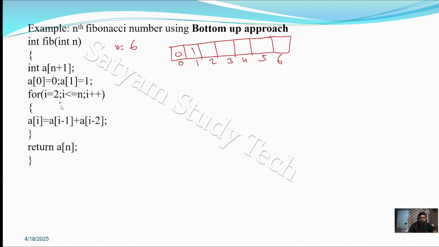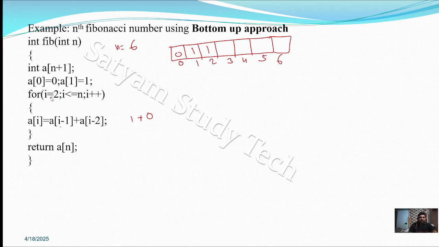Now i equal to 2, so a of 2 equal to a of 2 minus 1, that is a of 1, which is 1, plus a of 2 minus 2, that is a of 0, which is 0. So 1 plus 0 is 1, so a of 2 equal to 1.